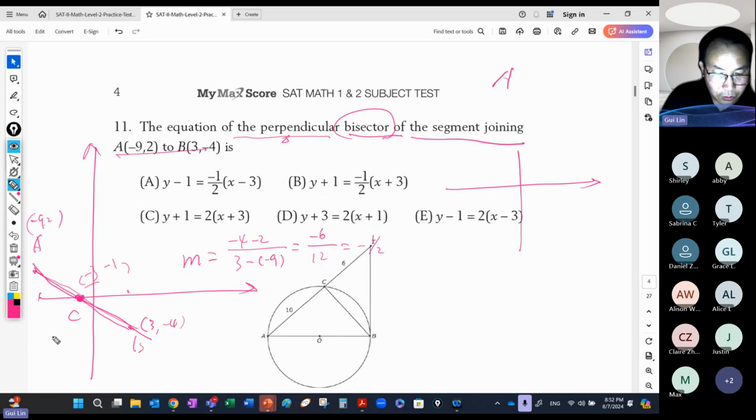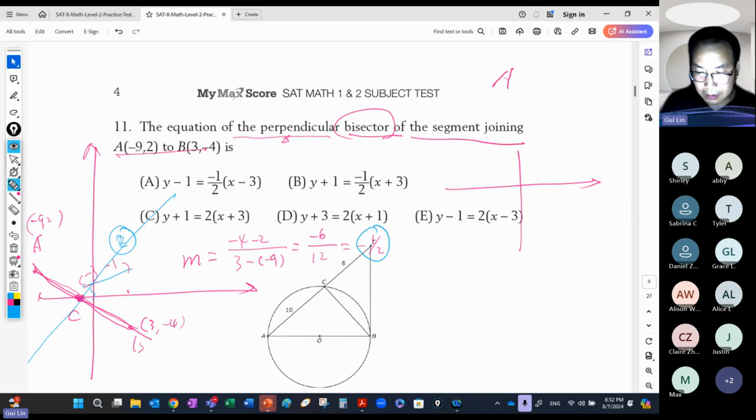What about the slope of the line perpendicular and crossing the midpoint? This slope will be 2, right? Because multiplied together they become -1. So the slope of this one would be 2, passing through this point. We learned, so y minus -1 equals 2 times x minus -3.